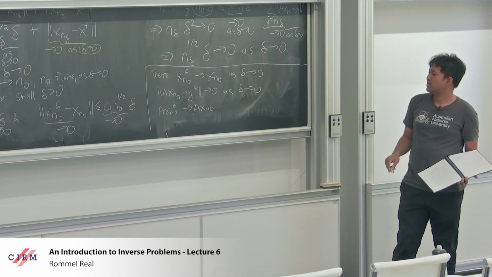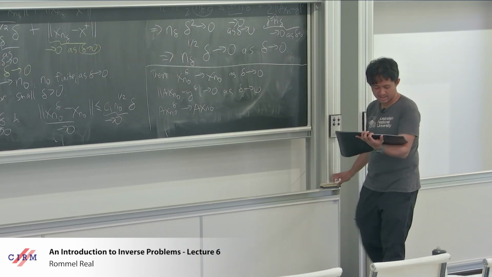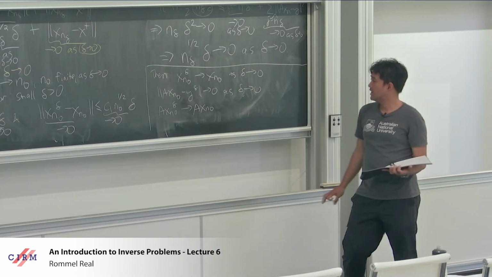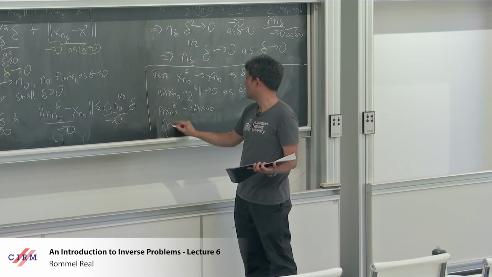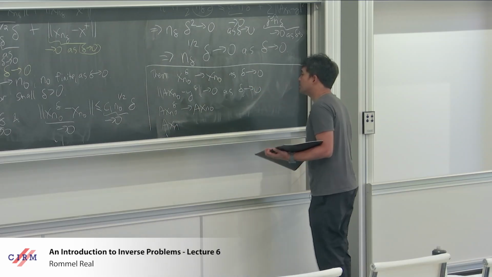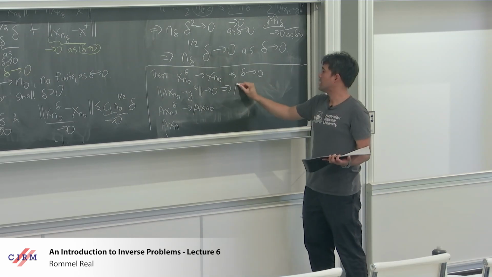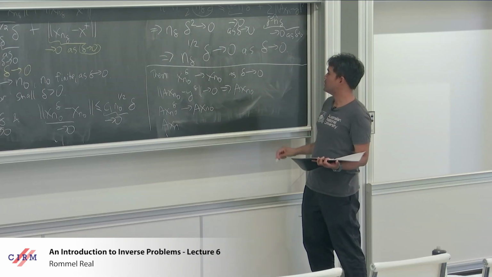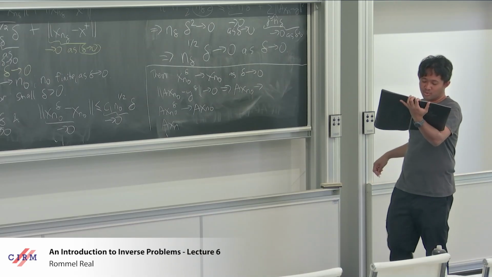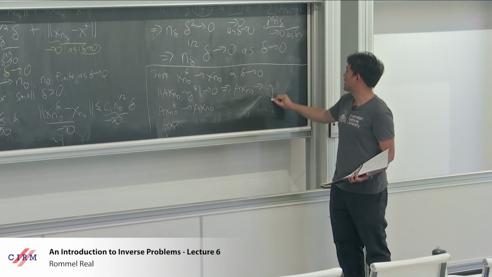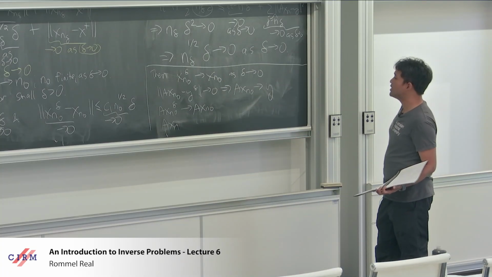And also, from this result over here, this also implies that A x sub n O delta goes to, of course, y delta.